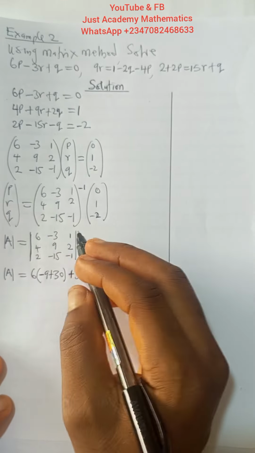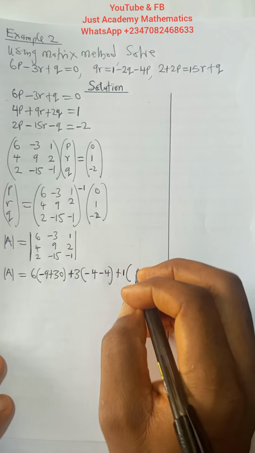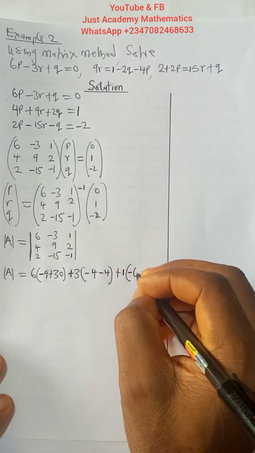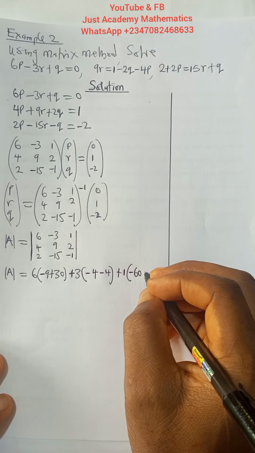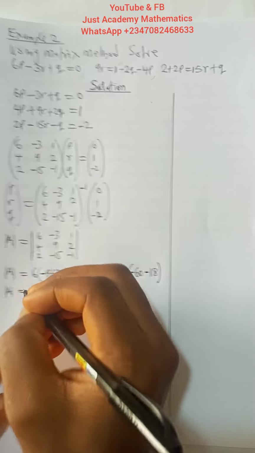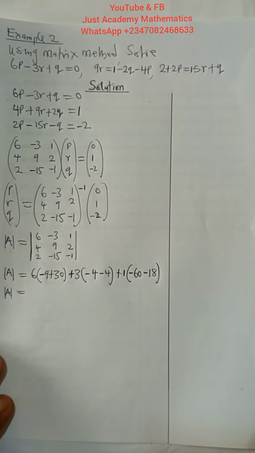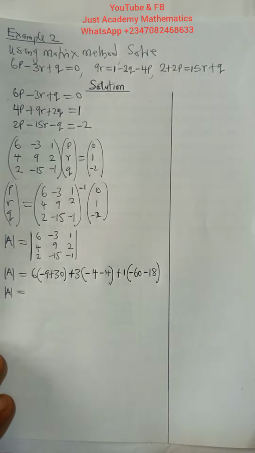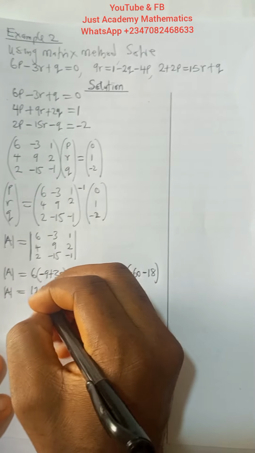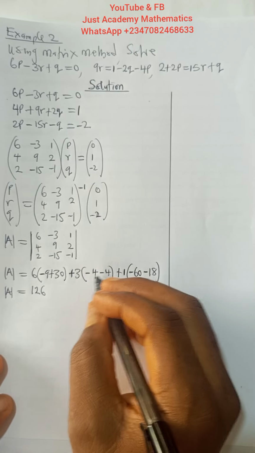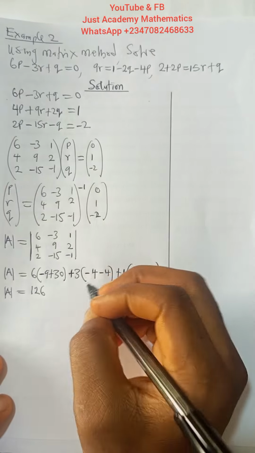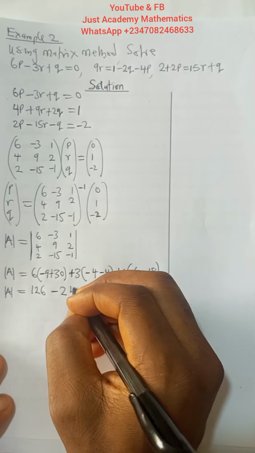Then plus, minus, plus. Plus 1 will times what? Out. 4 times 15 will give us minus 60, minus 18. So the determinant of A will end up being what? We have 30 minus 9 to give us 21, of course. 21 times 6 will give us 126. This is minus 8, and 8 times 3 is 24. So that will give us minus 24.